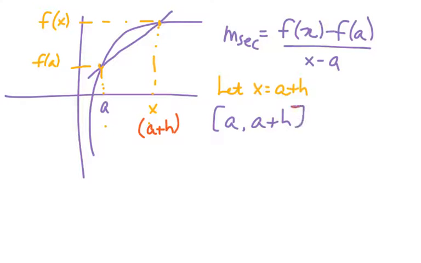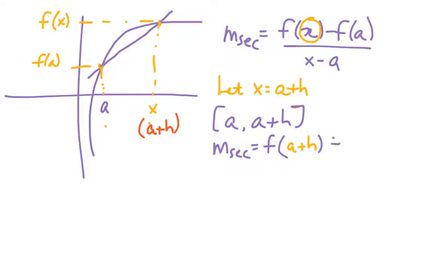So on the interval a, comma a plus h, the average velocity, or the slope of the secant line now, would be f of a plus h, so I'm going to replace the x in this formula with a plus h.